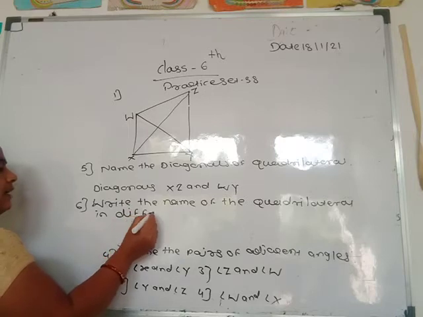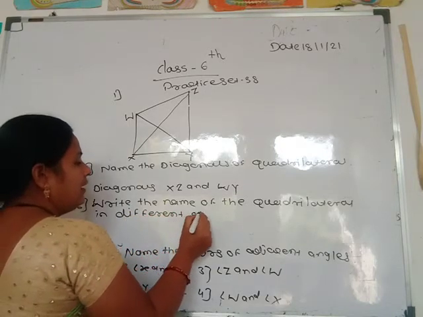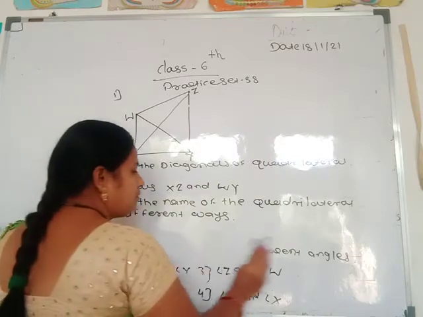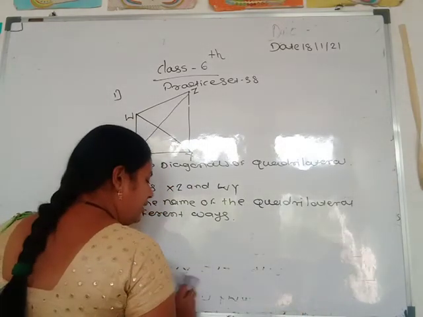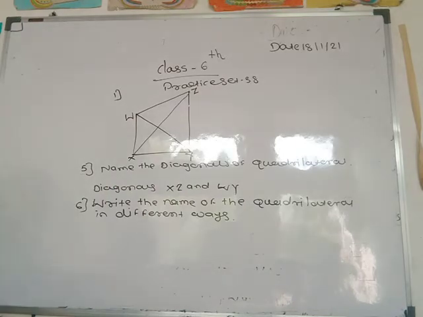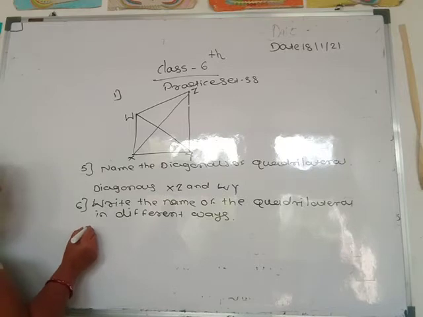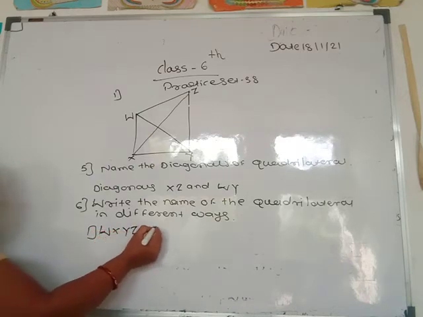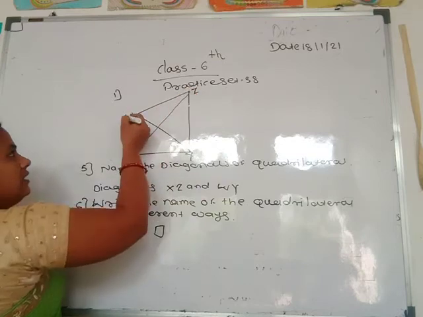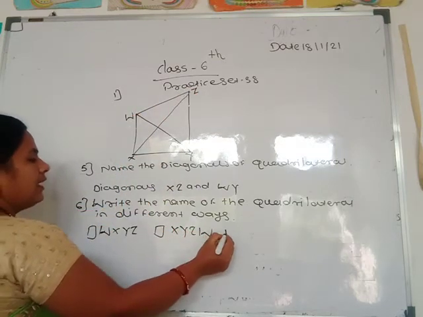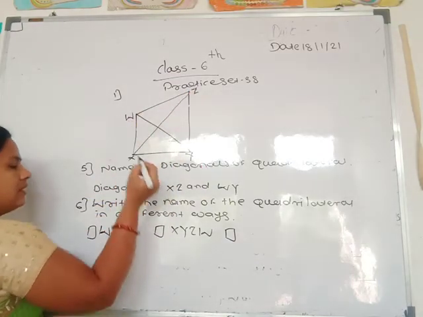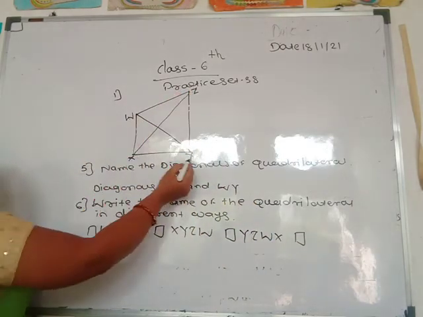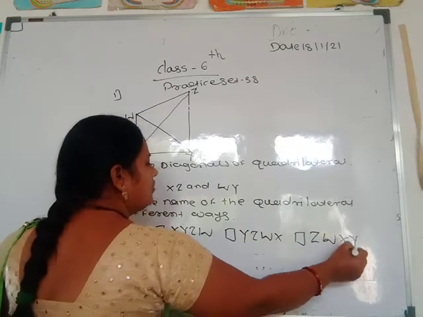This means you write eight types of quadrilateral names: four anti-clockwise and four clockwise. Anti-clockwise, you read quadrilateral XYZW, then WXYZ, then XYZW again, then YZWX, and then ZWXY.